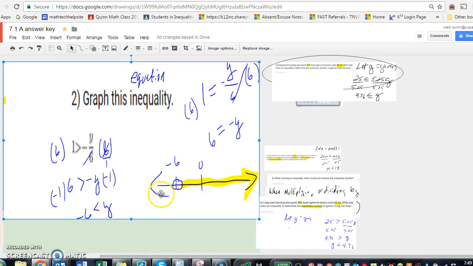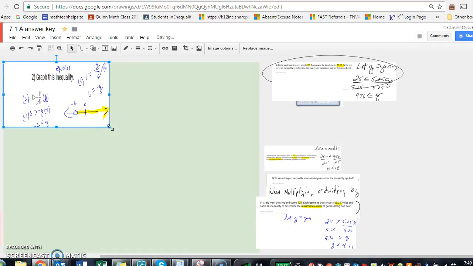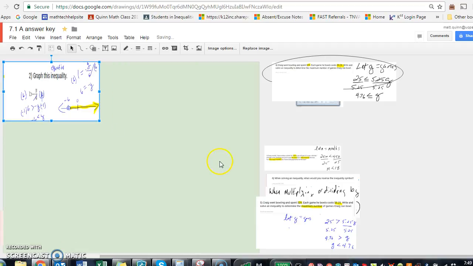It has exactly the same effect. So in this case, I have negative 6 is less than y. And if you noticed, the sign has flipped. This is the trap that I talk about in class. Hopefully that'll make more sense to you today if you haven't figured that out already. All right, so there's number 2.